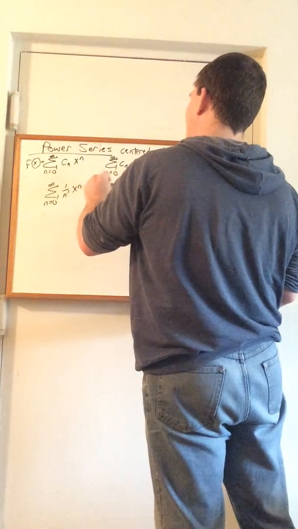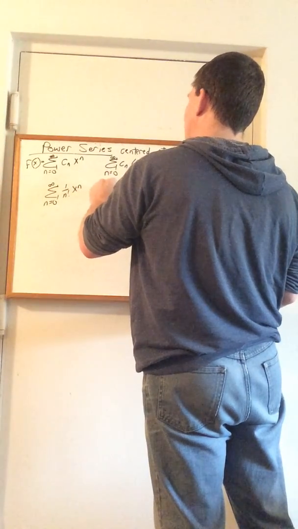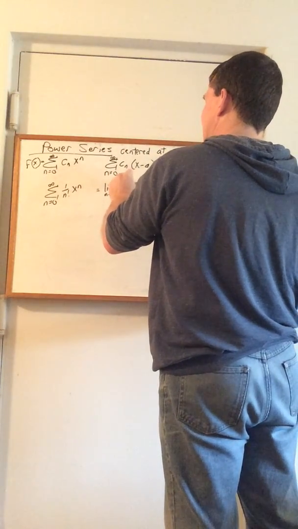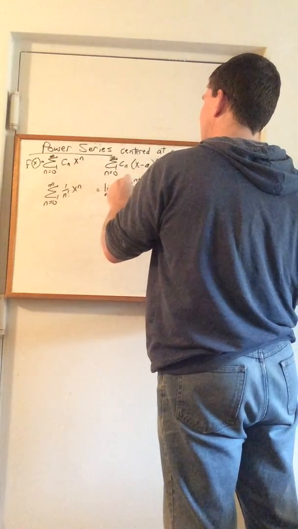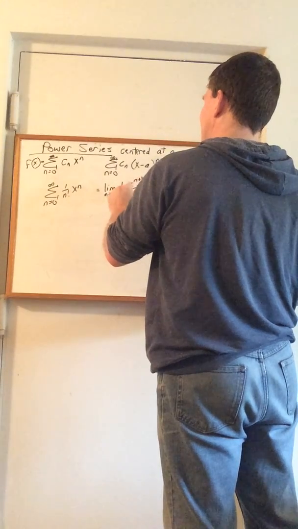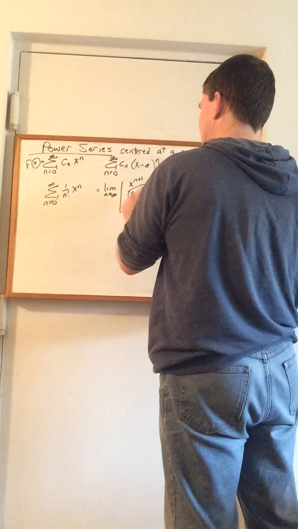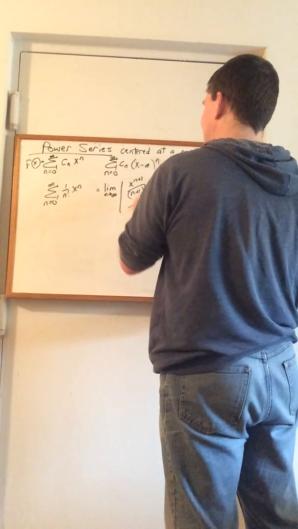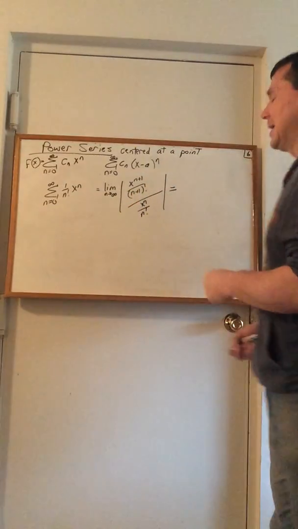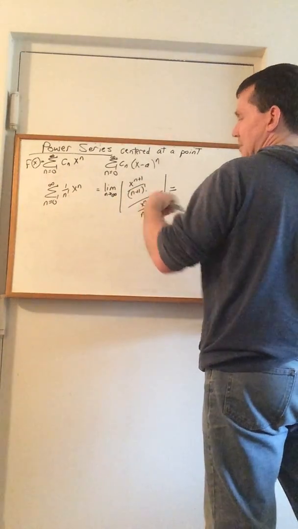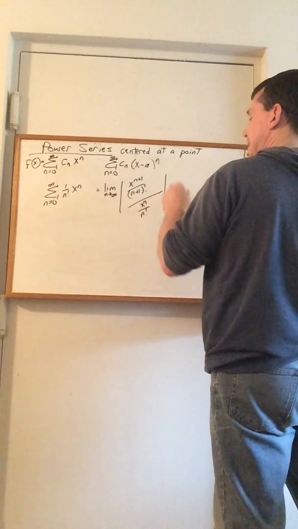So I want the limit as n approaches infinity of the n plus first term, which is x to the n plus 1 over n plus 1 factorial, over the nth term, which is x to the n over n factorial. Again, the absolute values are redundant for the purposes of this right now because it's all positive.